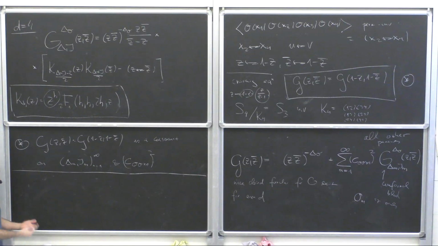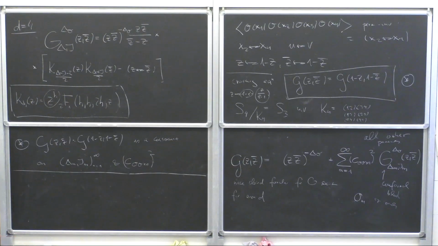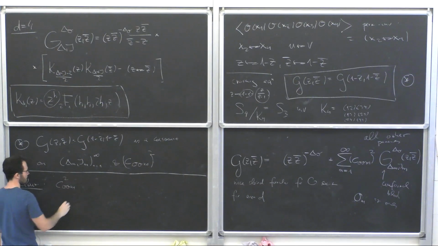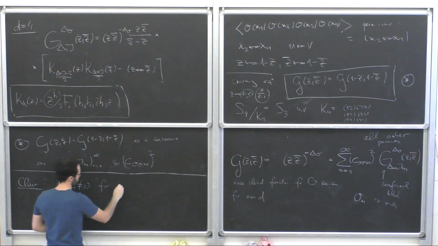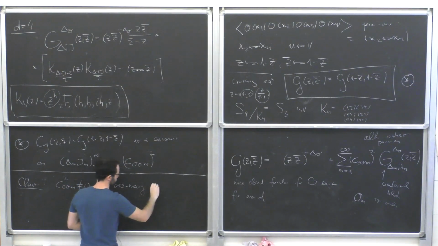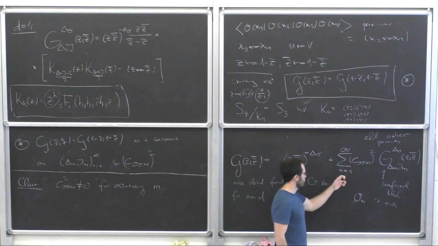So now let's start actually using this equation to prove some properties of CFTs. The first claim is that C_OOM squared is non-zero for infinitely many m. In other words, it was justified to write this as an infinite sum.